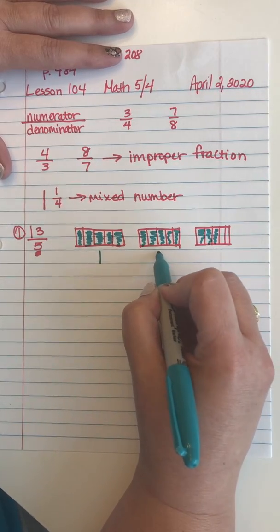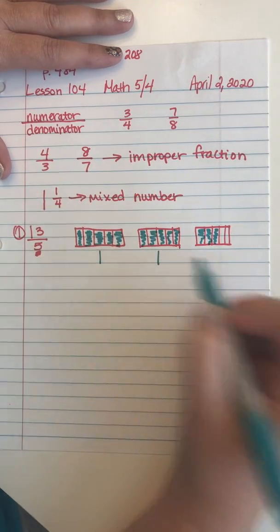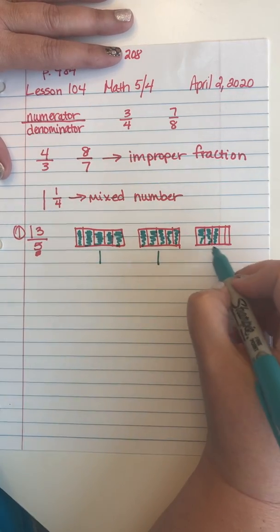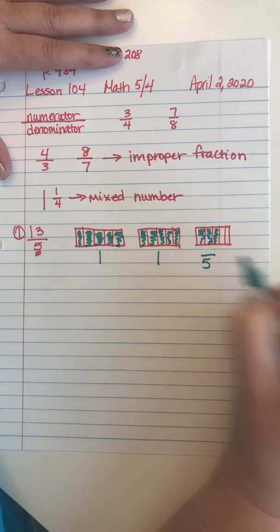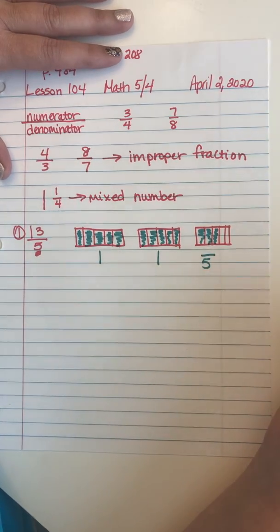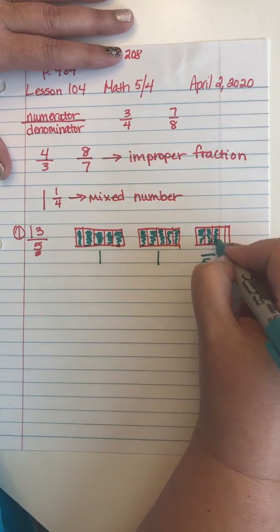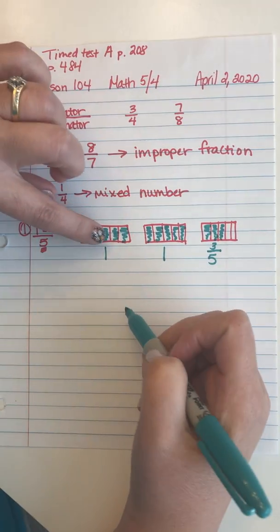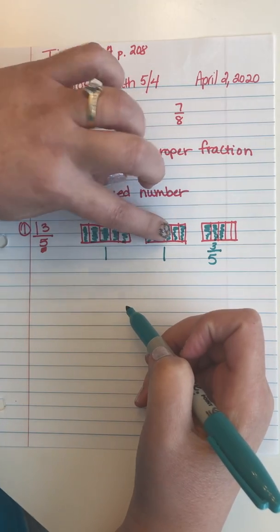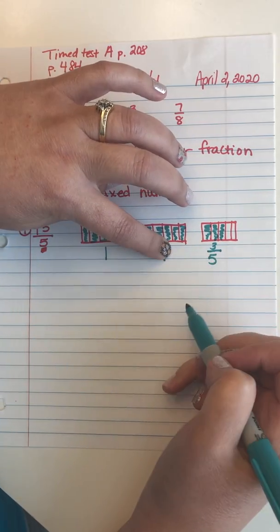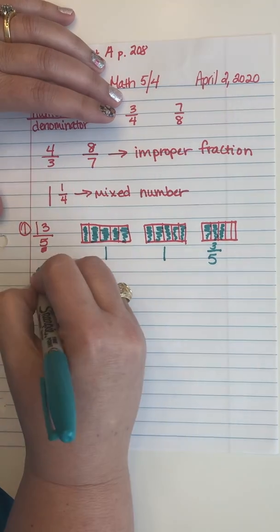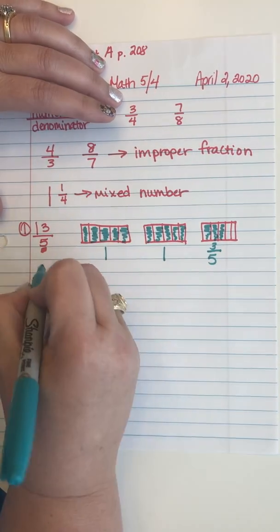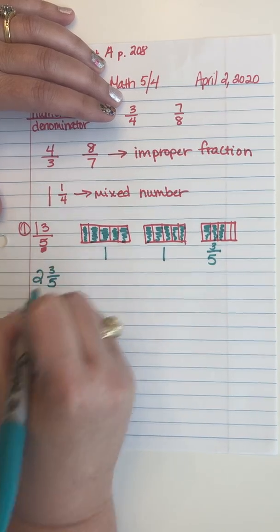This one, I've colored the whole picture also. And this one, I've colored a fraction of the picture. There are 5 pieces total, because we divided it into fifths, and I colored 3 of them. So 1 plus 1 is 2, and 3/5. So 13/5 as a mixed number is 2 and 3/5.